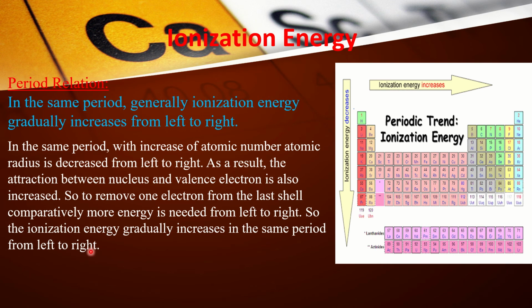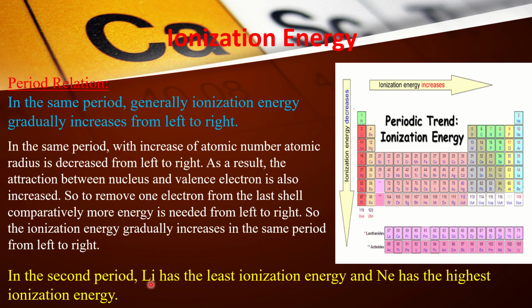Dear students, there are some deviations, some exceptions, but in this junior class we will not learn the exception. We will learn this in our higher classes. In the second period, lithium has the least ionization energy and neon has the highest ionization energy. I am telling again, lithium has the least ionization energy.